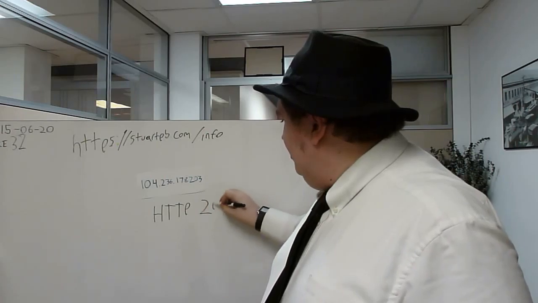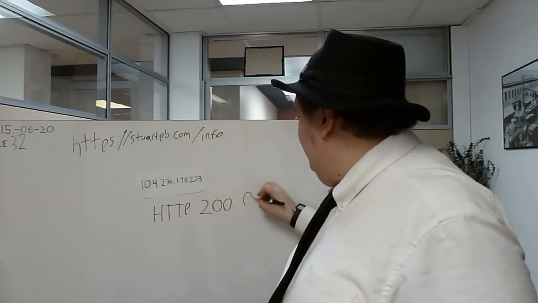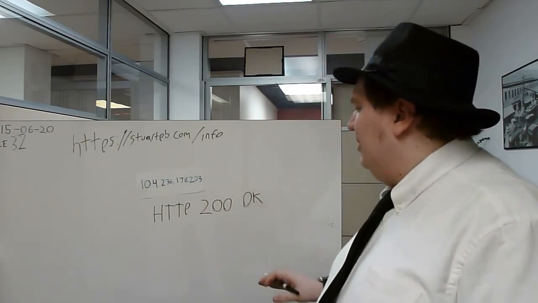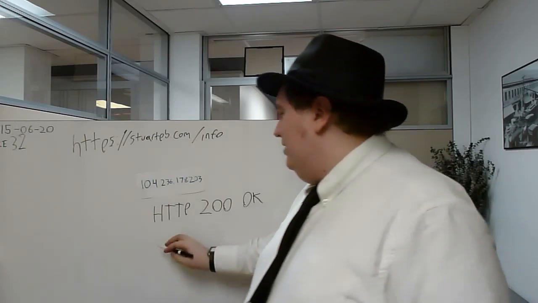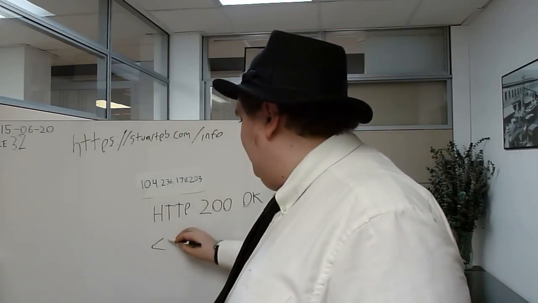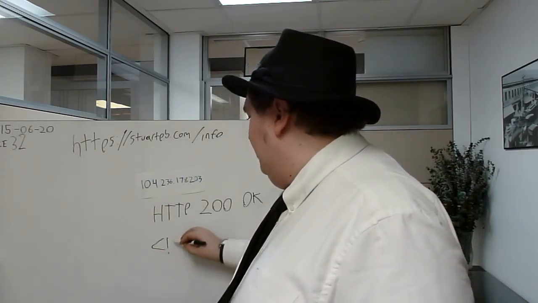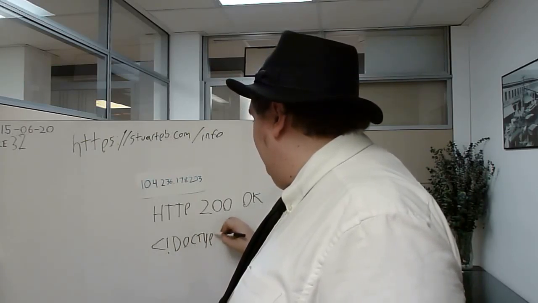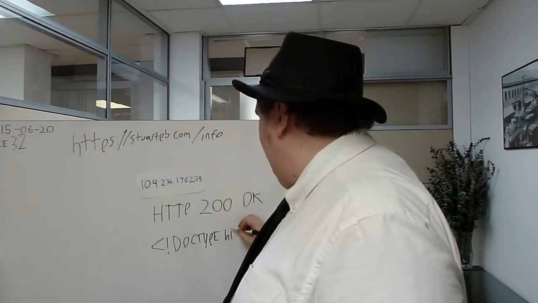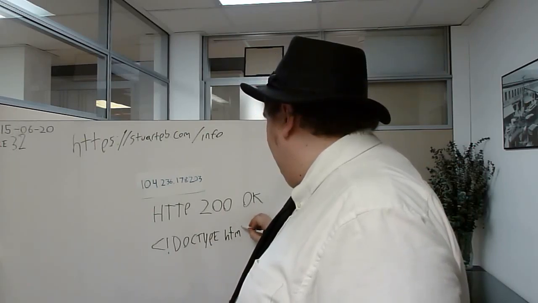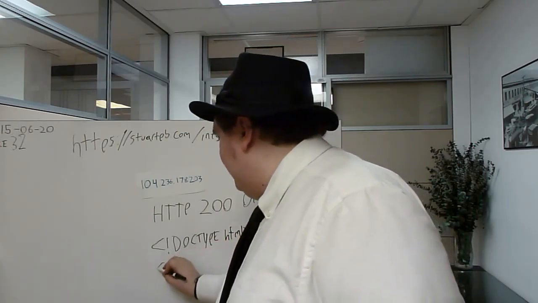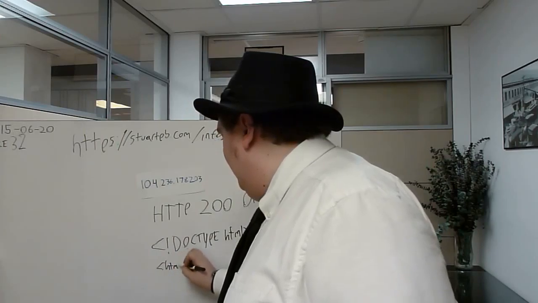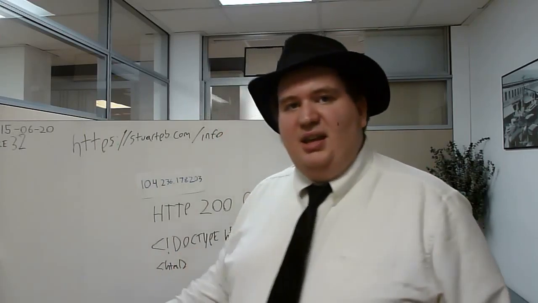HTTP 200. Okay. And then underneath will be the code that makes the site, the HTML. So it starts with doctype html, and then there's html, and then a head and title and all that stuff.